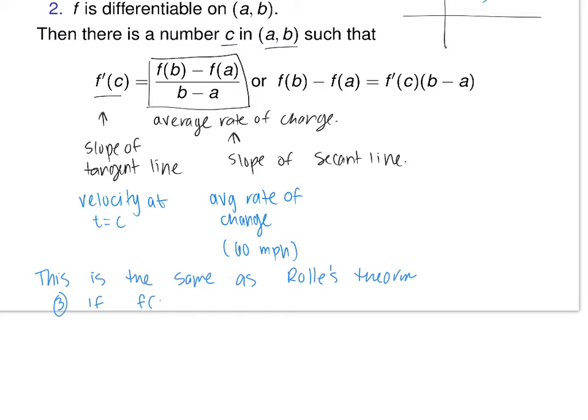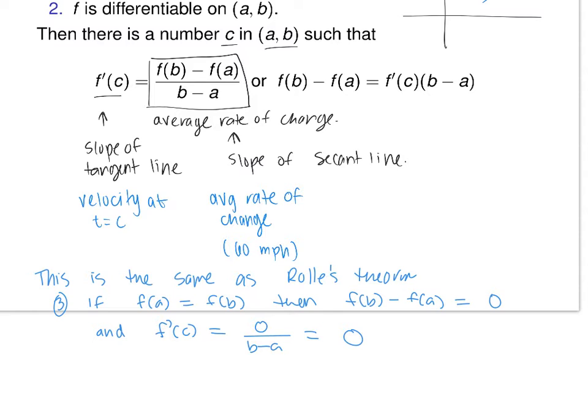If f of a equals f of b, then what is f of b minus f of a equal to? 0. And f prime of c will equal 0 over b minus a, which is 0. That's what it means to be a special case of something.